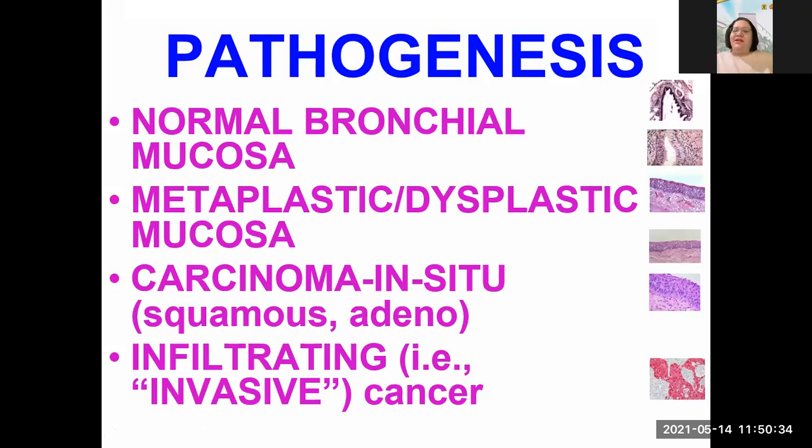So what's the pathogenesis here? You have your normal bronchial mucosa. But what happens is there is metaplasia. For example, you smoke, and because of the damage the irritants cause on the cells, in order for the cells to cope with the irritation, they will undergo metaplasia.